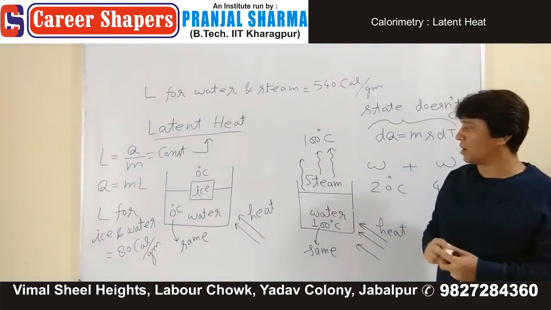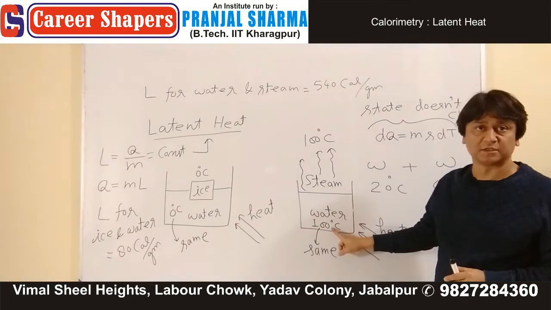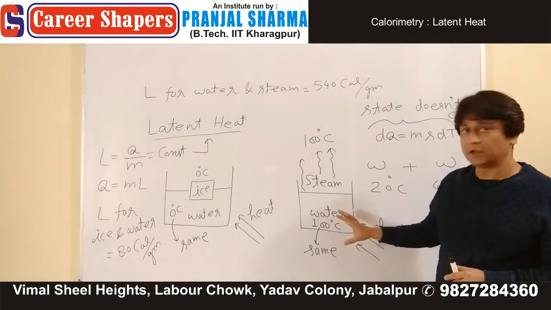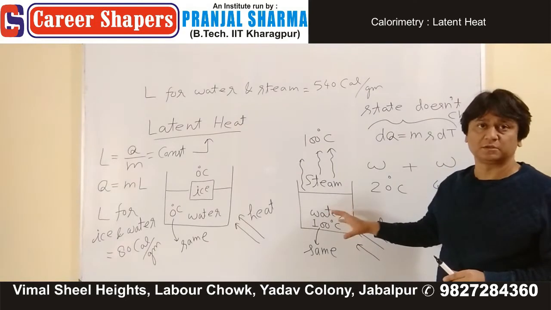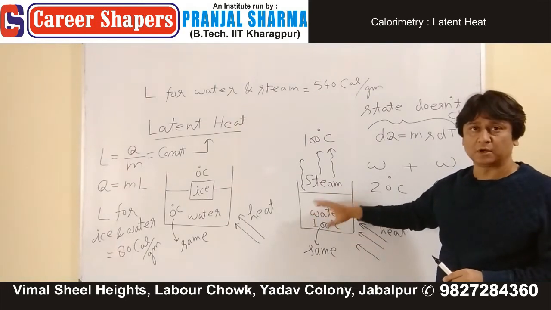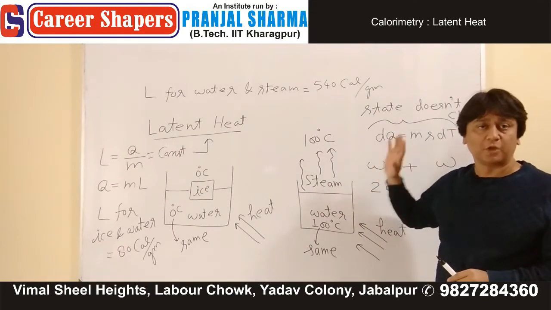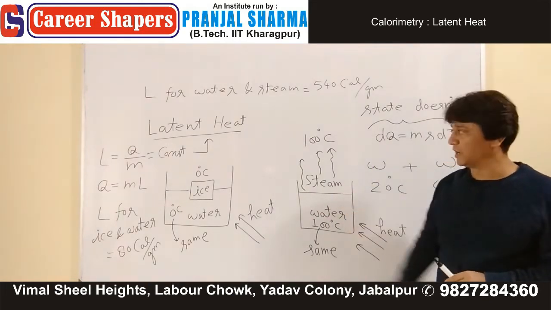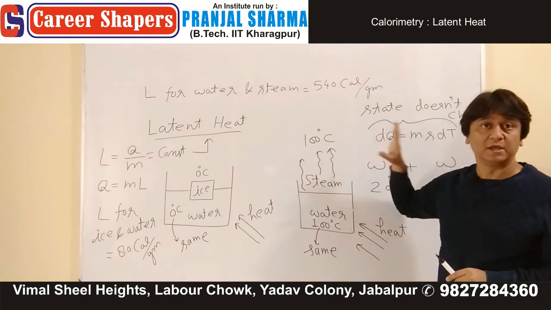That means if you have 1 gram of water at 100 degrees Celsius, then when you supply 540 calories, this 1 gram of water will become steam, and there will be no change in the temperature. Temperature will remain 100 degrees Celsius.